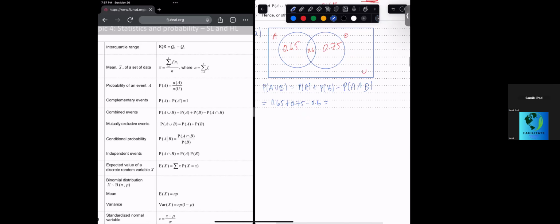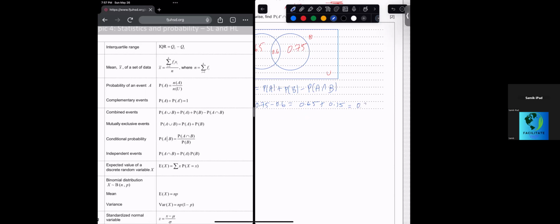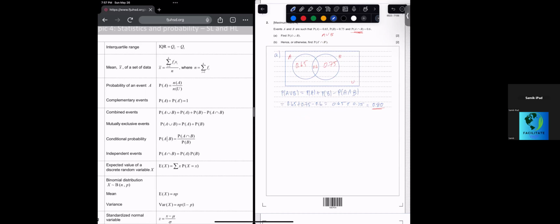Now what is this? 0.65 plus 0.15. This is equal to 0.80. So that's our answer for part A.